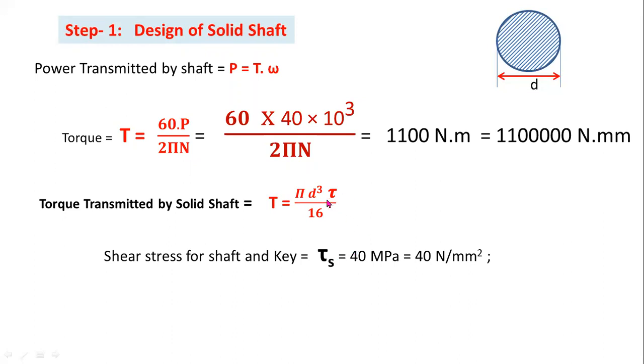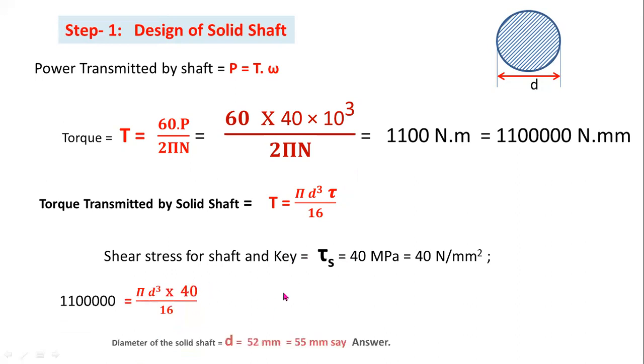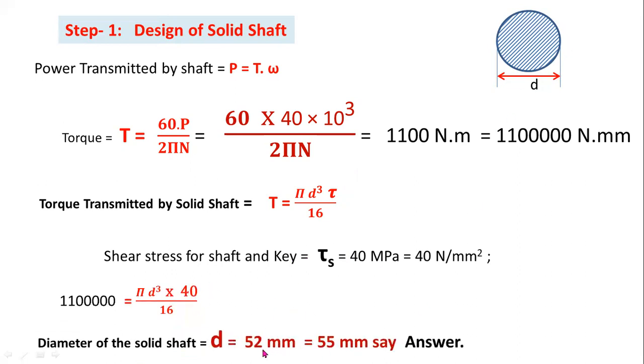Substituting T and tau, you get the outer diameter of the solid shaft, d equal to 52 mm, but the standard size is 55 mm. So this is step number 1. From this step, we got a suitable size of the shaft.